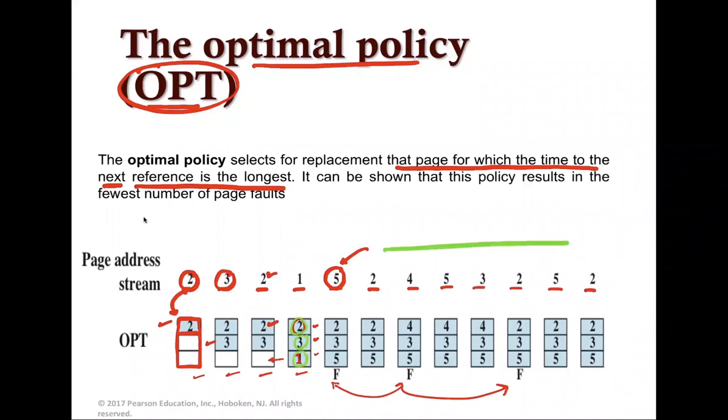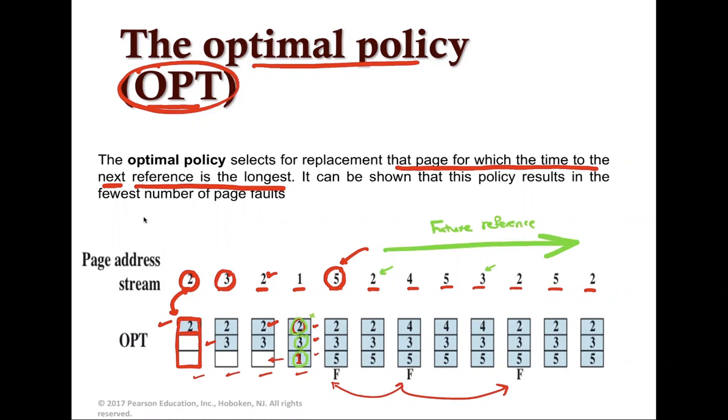If we look ahead, this is the future reference. Next, I will reference 2, so no way I'm going to replace 2. And then 4, and then 5, and then 3. So the next references are 2 followed by 3, and I don't see 1.